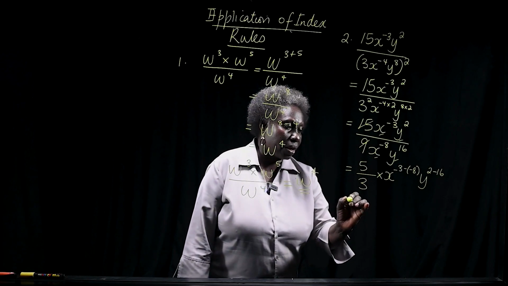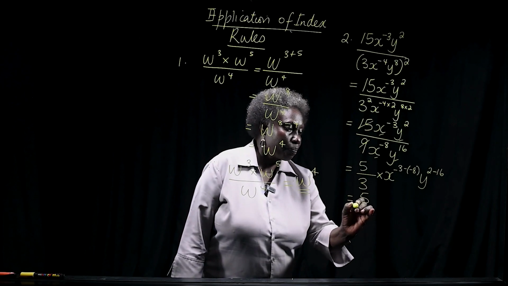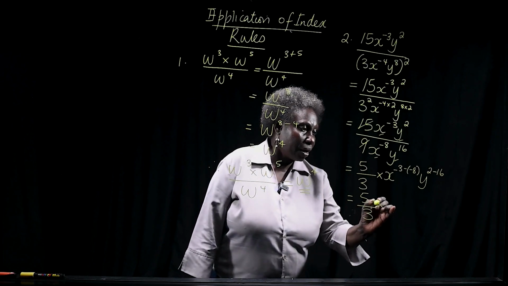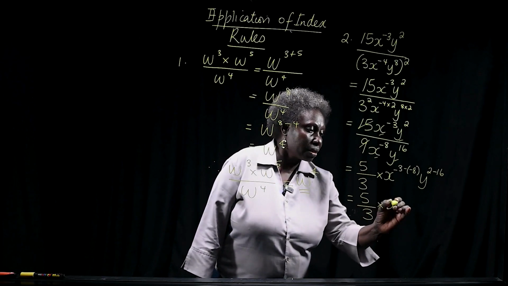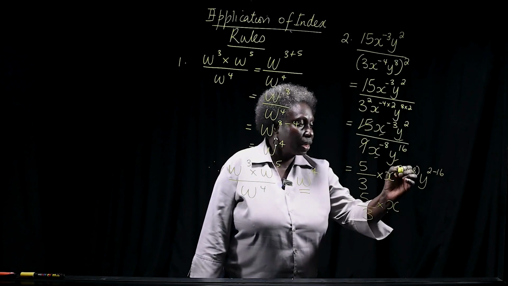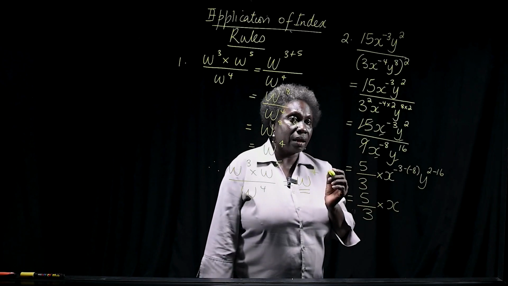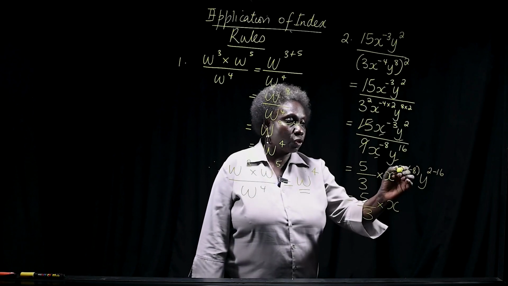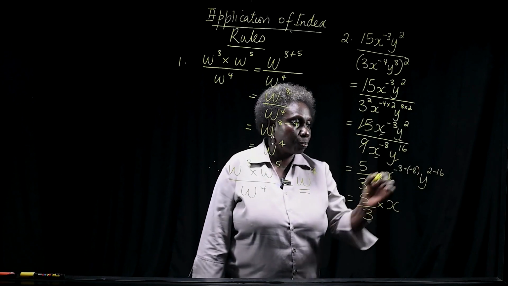So now I have 5 on 3 times x, okay? Negative 3, when we looked at directed numbers, when we are subtracting directed numbers, we add its opposite. So this will become plus, plus.